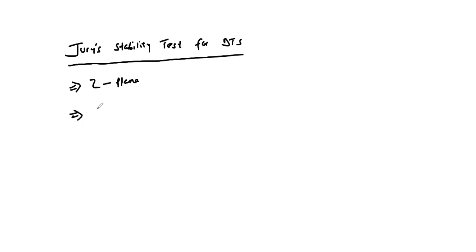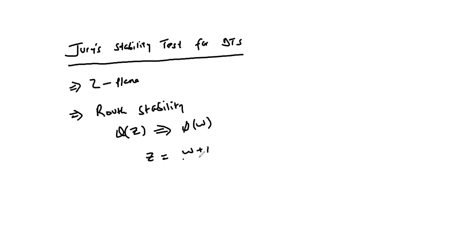We also carried out the stability analysis using the Routh stability criterion. In the Routh stability criterion, we take the characteristic equation, which is a polynomial in Z, and transform this into a polynomial in W by applying the transformation Z equals W plus 1 over W minus 1.